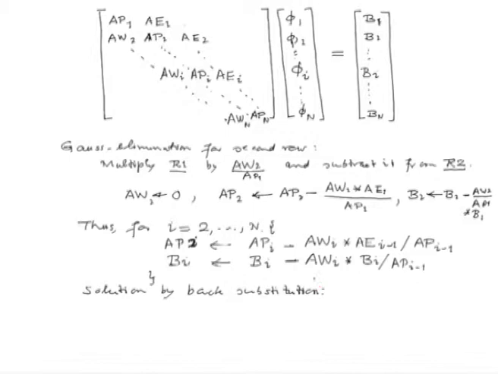We would proceed in backward order, like first we will obtain phi n. So phi n is now given by Bn divided by APn.